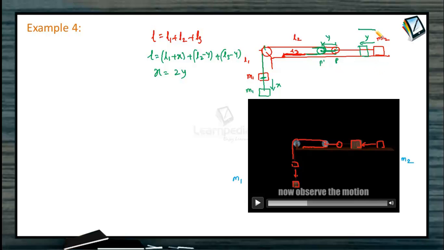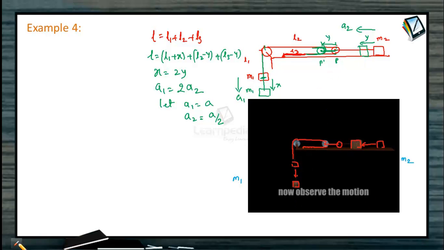So if I consider this acceleration as a2, this acceleration as a1, double differentiating, a1 will be equal to 2a2. Let a1 be equal to a. a2 will be equal to a by 2. So when this comes down with acceleration a, this will move forward with acceleration a by 2.